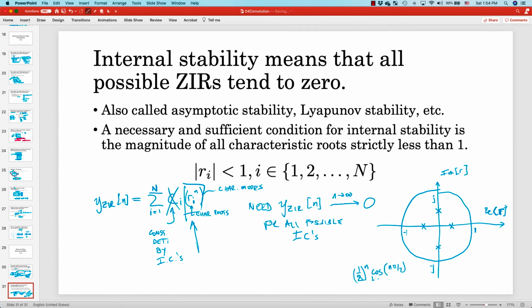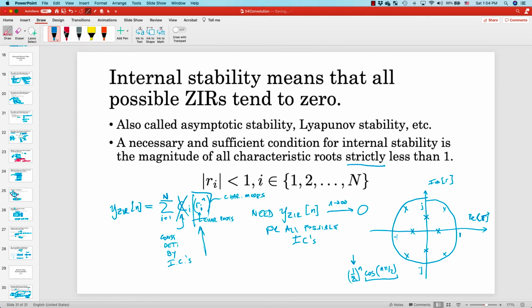This part continues to bounce around, but this part gets smaller and smaller, and because I'm multiplying them, the product gets smaller and smaller. That same result happens anywhere inside the unit circle. You get oscillations, possibly, but as long as the magnitude of these roots is strictly less than 1, note the strictly here, then you get a ZIR that tends to 0.